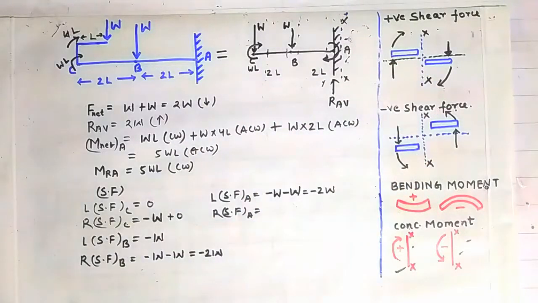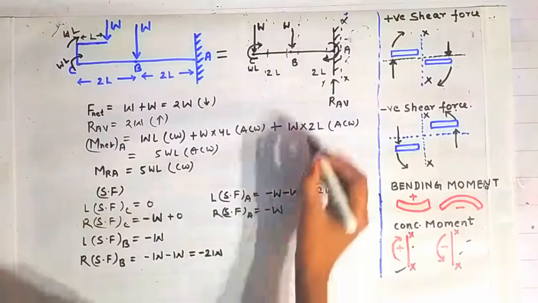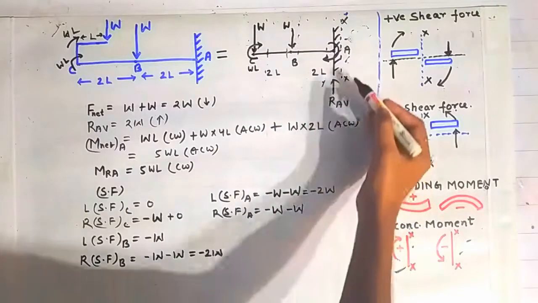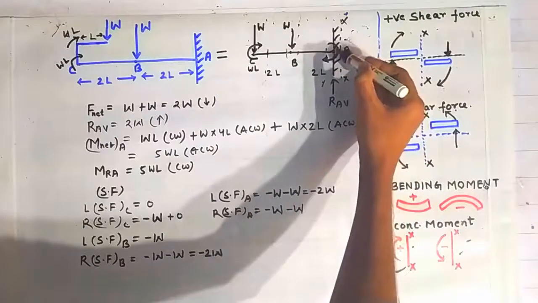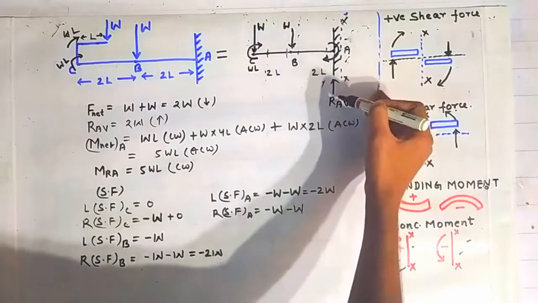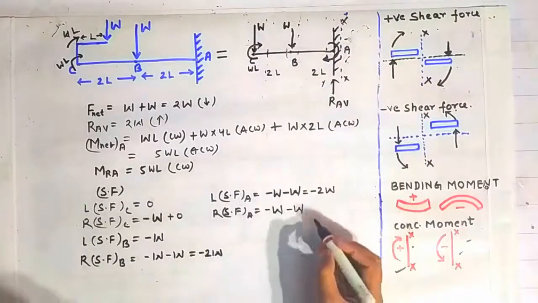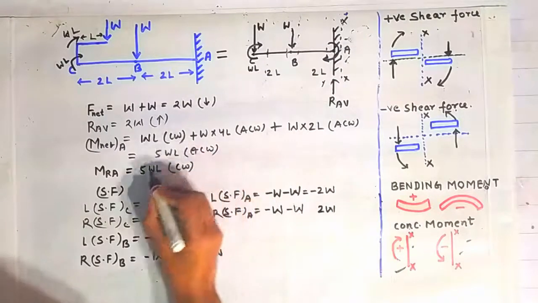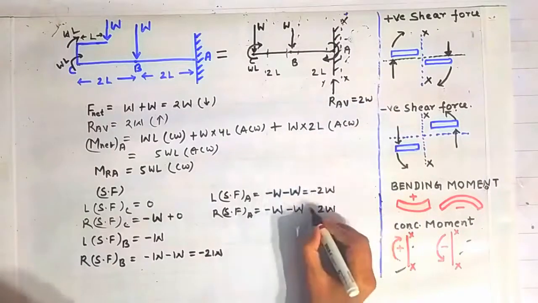Because of this there will be a shear force of minus W, and because of this there will be a shear force of minus W. But the reaction RAB is acting at this point A, and this point A is lying on the LHS of this section XX. So because of this force RAB, there will be a shear force at this section XX with a magnitude of 2W, because the RAB magnitude is 2W, and it will have a positive sign.